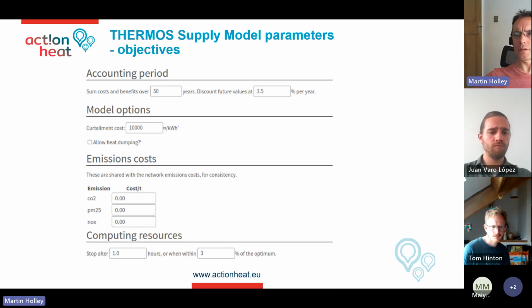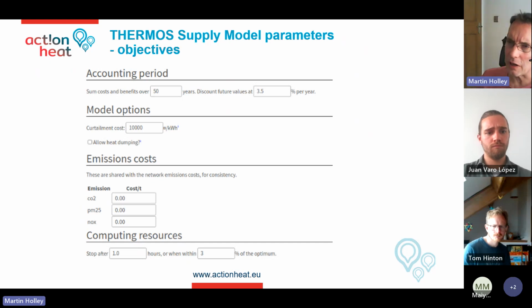And the other thing, similar to the network optimization, you need to set some higher level objectives around accounting periods and discounting, so it can do some basic economic financial calculations and come up with some outputs.